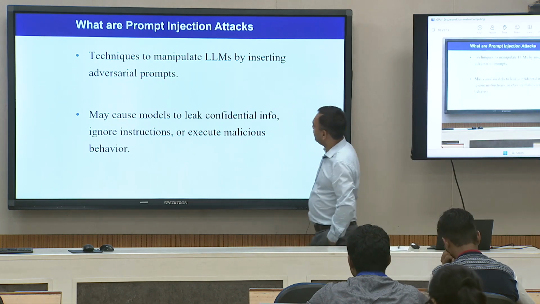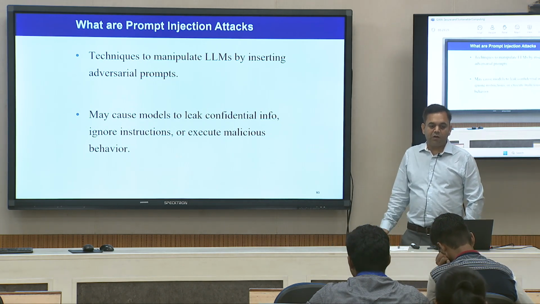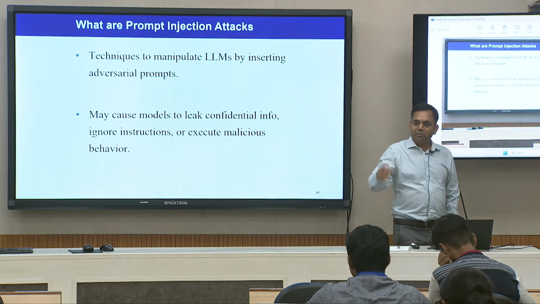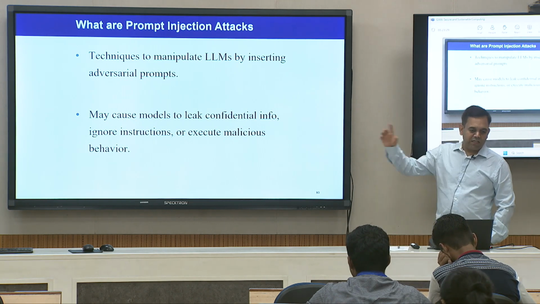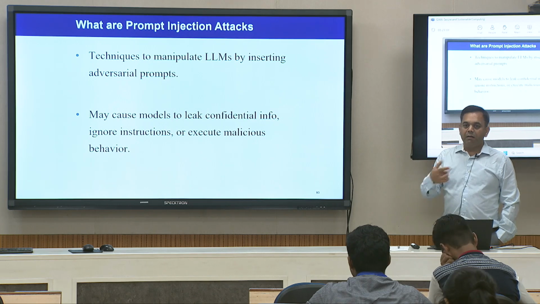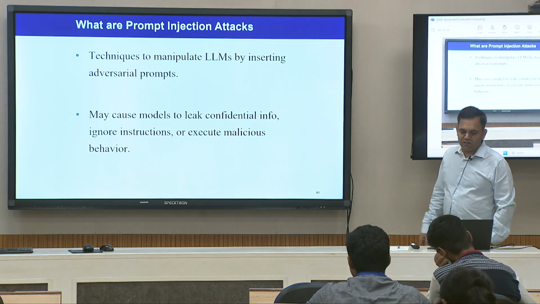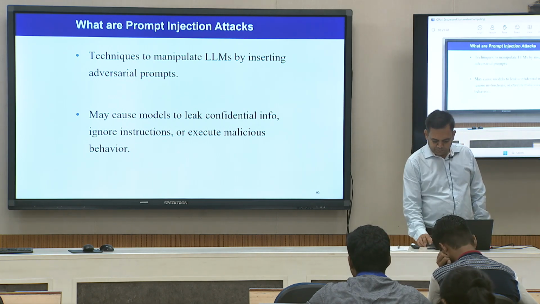They may leak confidential information, or ignore instructions, or execute malicious behavior. So something that the large language model is not supposed to do, if you manipulate it by writing the prompt in a different way, it can give you the answer. That is basically a prompt injection attack.